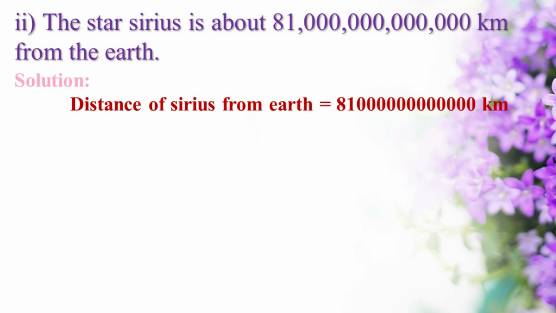We have to move from the right side of the given number to reach 8. There are 13 steps. See, the count of zeros is 12 and we have to place the decimal place after 8. So, totally 13 steps we are moving. Therefore, the number can be written as 8.1 into 10 to the power 13 kilometers. Power is positive because we move the decimal from the right to left.